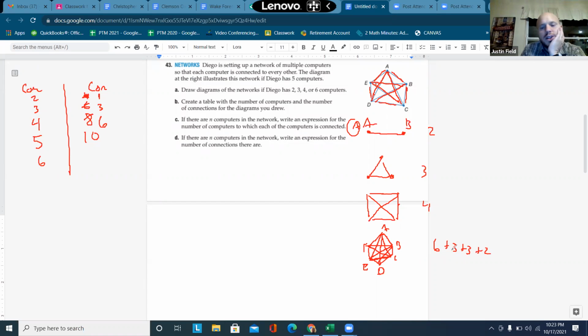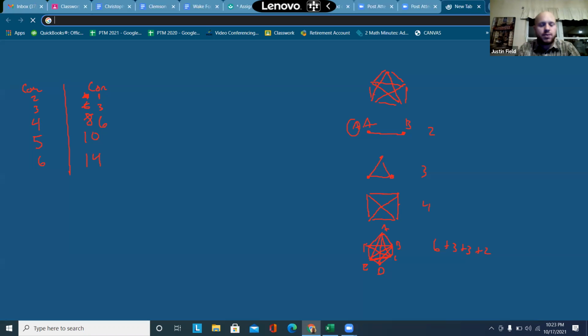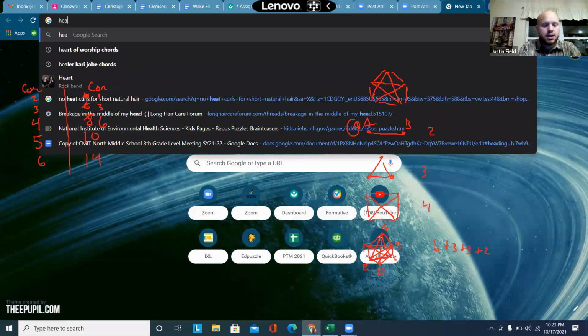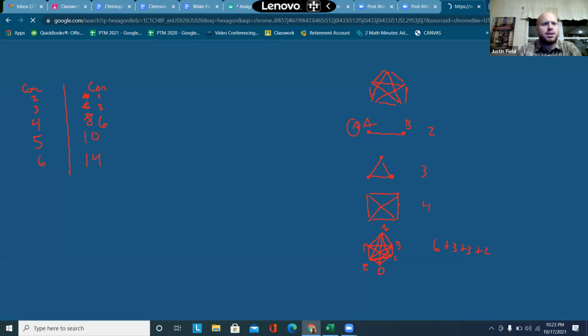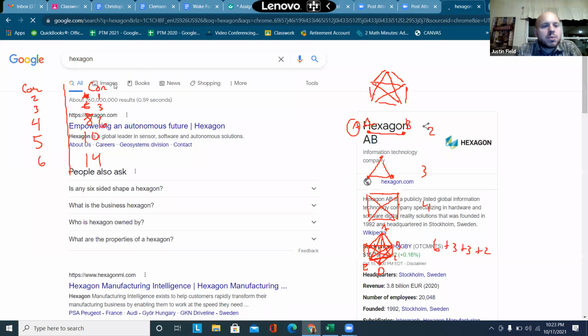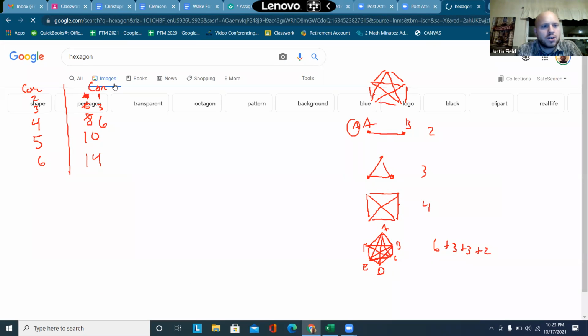All right, so let's see. 12, 13, 14. So I don't know if I messed up that 6. It got pretty hard to see. What if I Google hexagon? Oh my gosh, it came up. Empowering an autonomous future. The world.